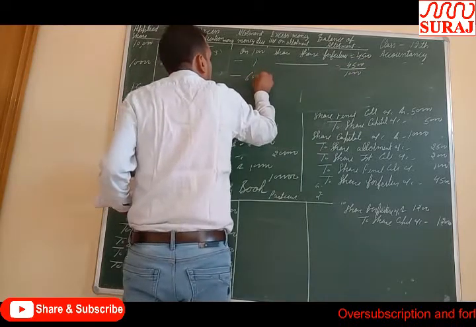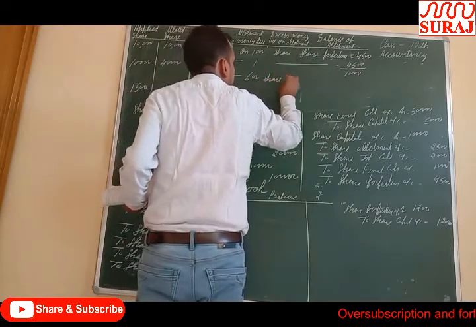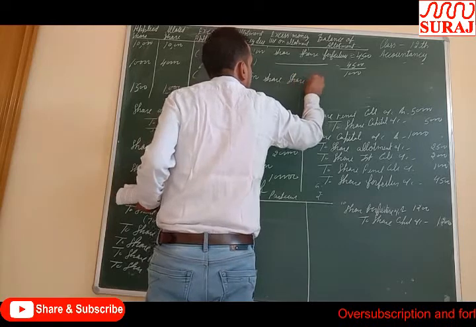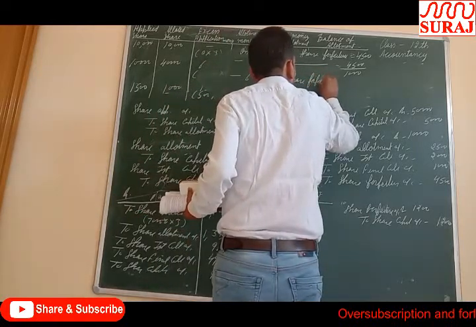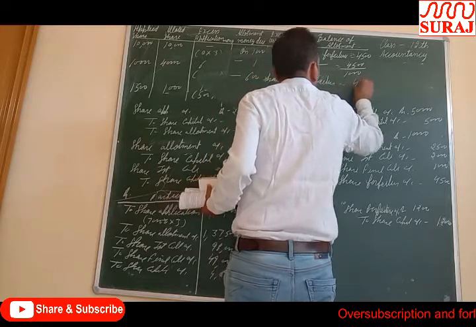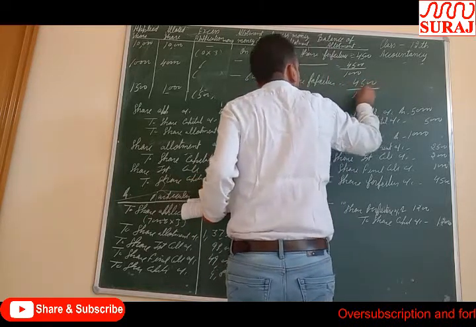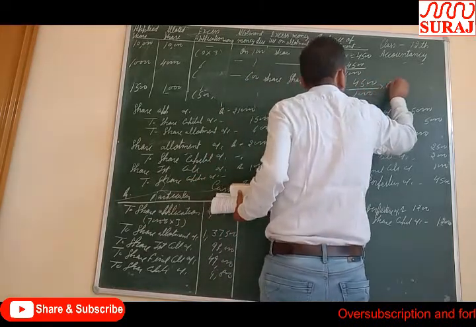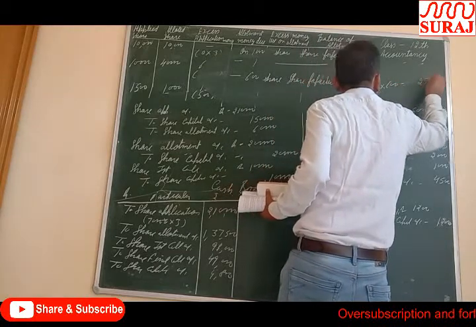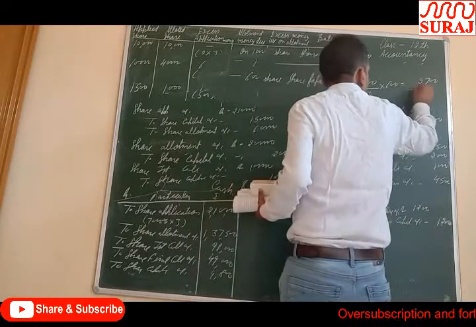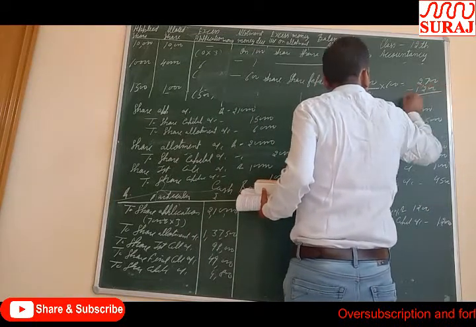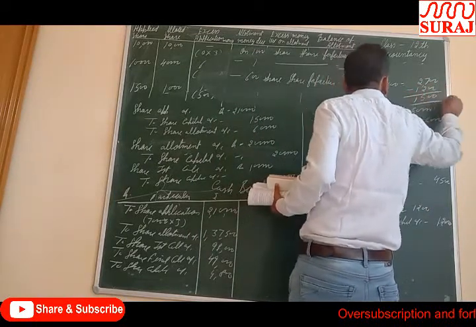On 600 shares, share forfeiture 4,500 divided by 1,000 into 600. Result 2,700, out of which 1,200 will be used. That will be subtracted from it. Result 1,500. It will be transferred to capital here.